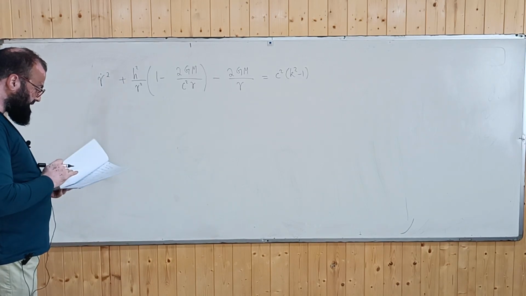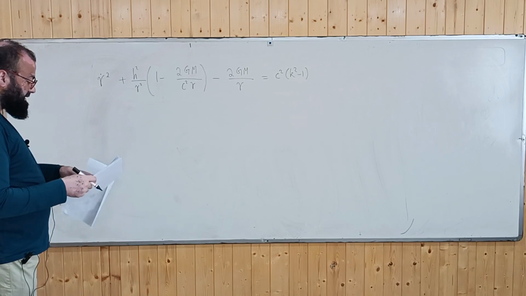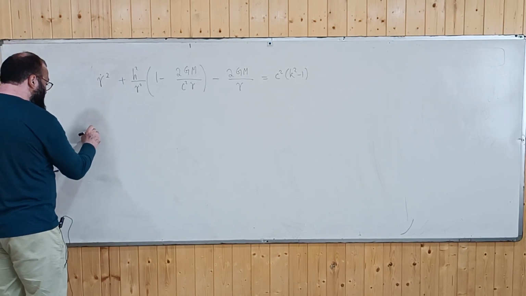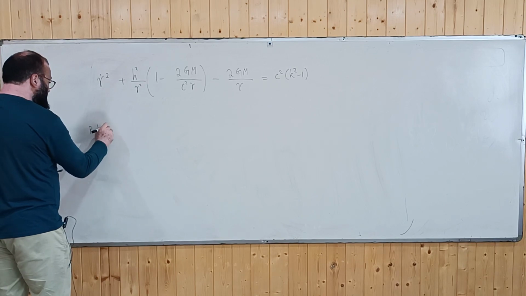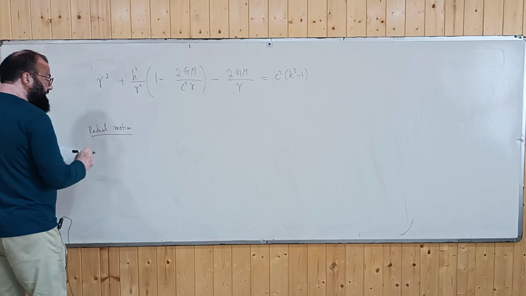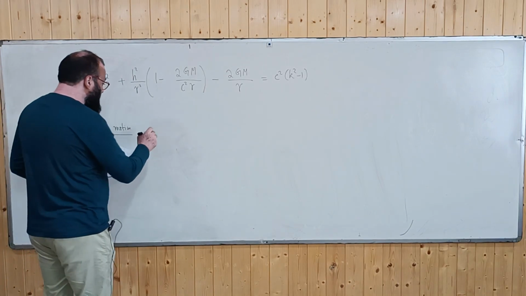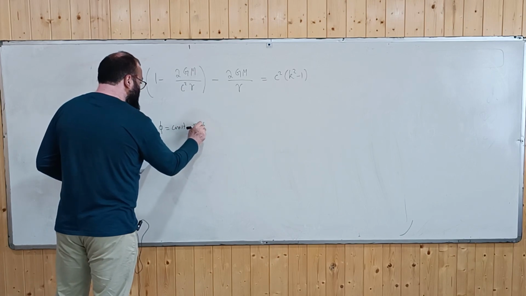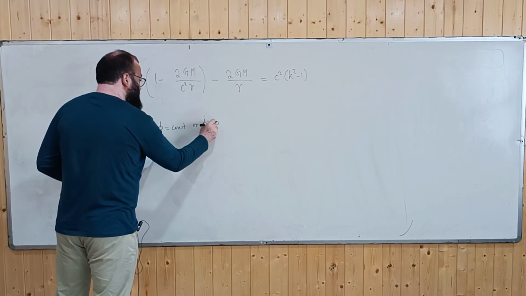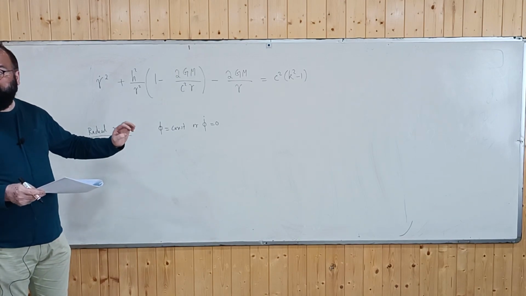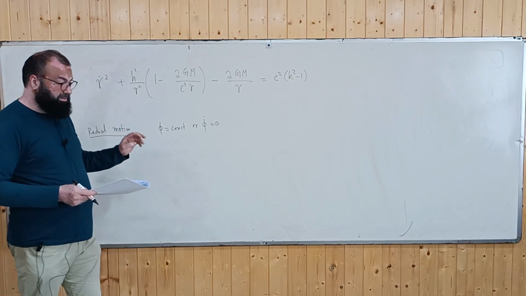Now let's take the radial motion. When I take the radial motion, that means phi is constant, or in other words, phi dot is equal to 0. Clear? So we are equipped with 3 equations.